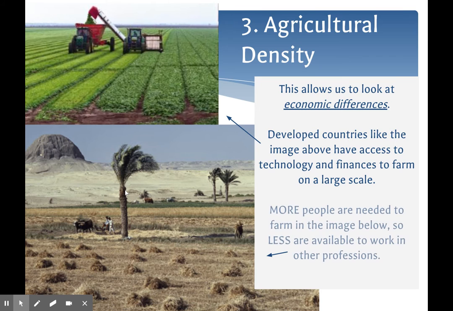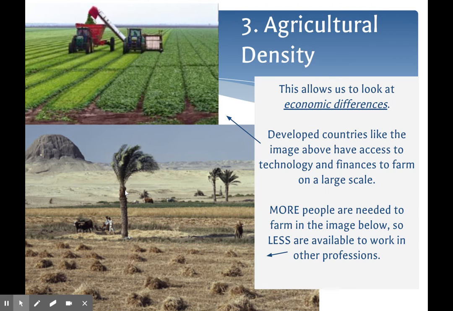While you look at other nations where you might not have the ability of the technology, you might not have the ability to finance a combine, because combines are very, very expensive. So you might have to do things by hand. This requires more people to farm, which creates less work in other professions because there need to be so many more people on the farm.